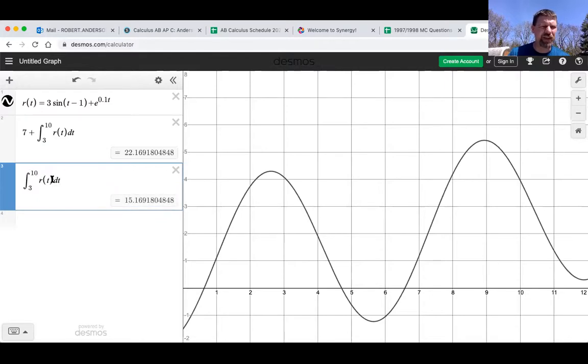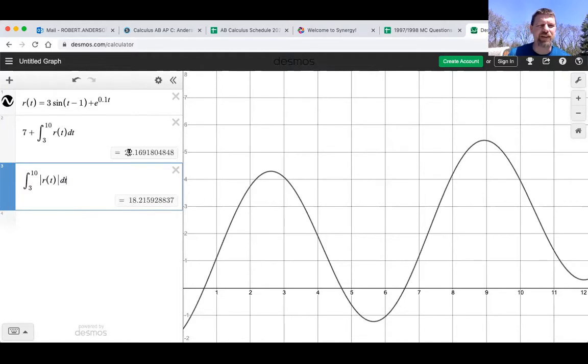This is a velocity, right? But in this case, since I want to find the total distance traveled, I want the absolute value of that velocity. So total distance traveled is 18 inches.